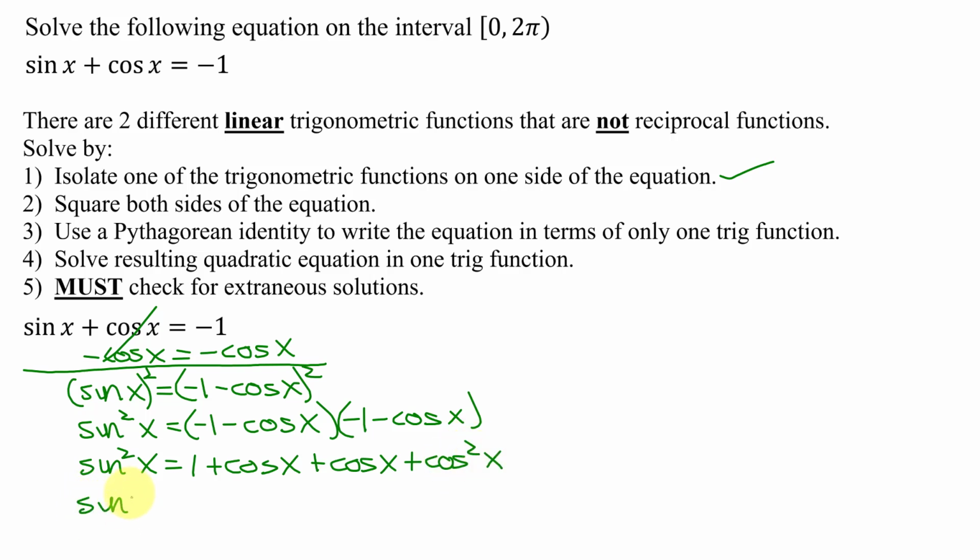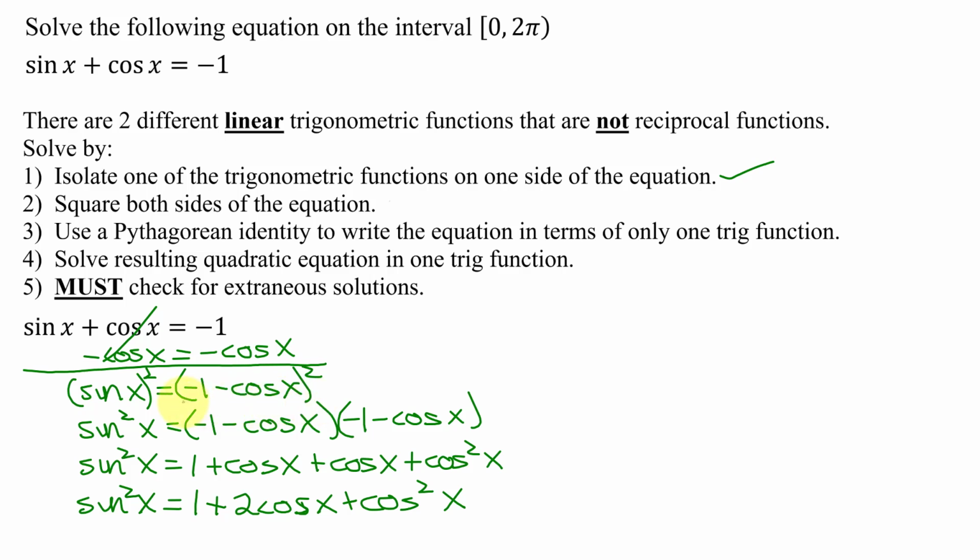Collecting up like terms, I have sine squared x equals 1 plus cosine x plus cosine x is 2 cosine x plus cosine squared x. Now remember, that was the longer method for squaring this binomial.